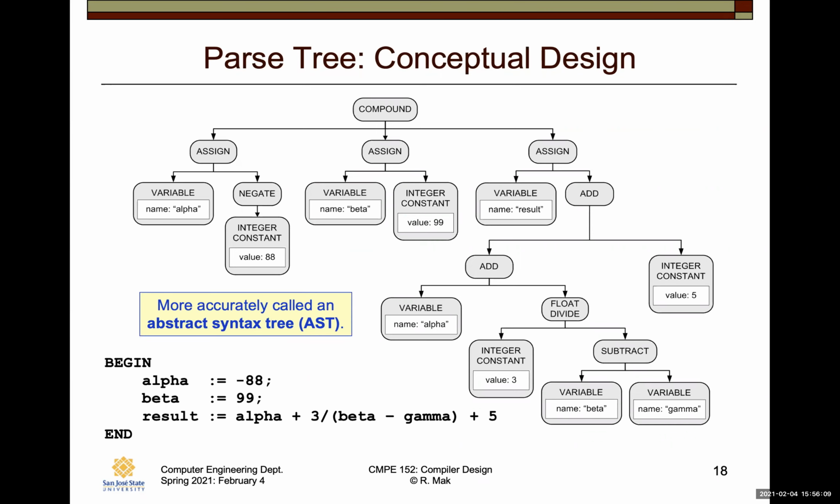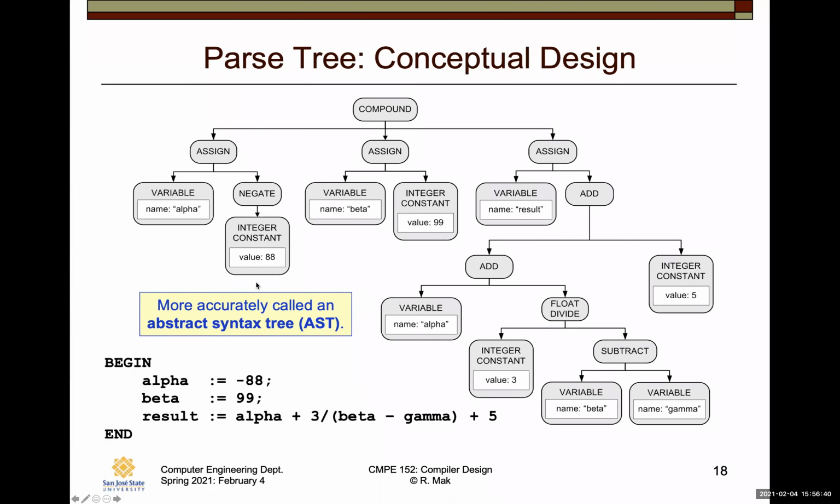And so this is a little fragment from Pascal. It's obviously a compound statement that consists of 3 assignment statements. And when the parser reads this and builds the parse tree, this is what the parse tree is going to look like. And so I just have a very high level diagram.